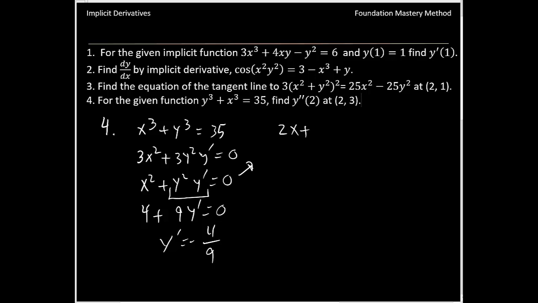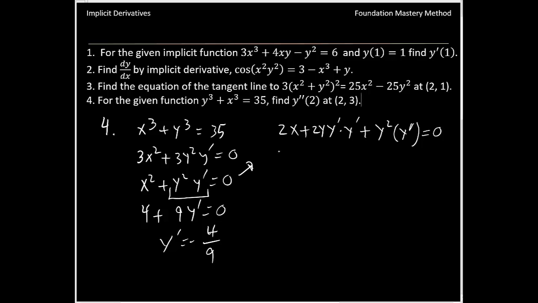So the derivative of y squared will give me 2y y prime and another y prime I have there. And then plus, now I keep y squared, the derivative of y prime will be y double prime, the second derivative, and that equals 0.